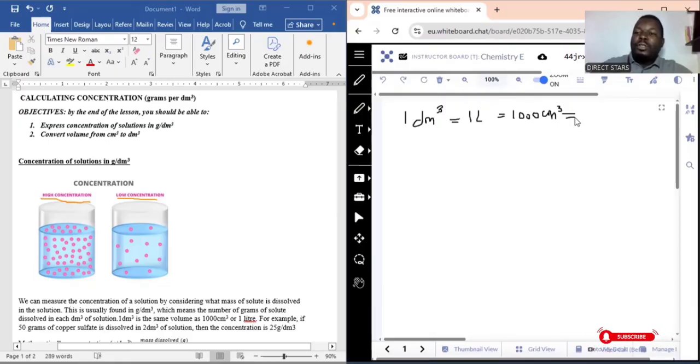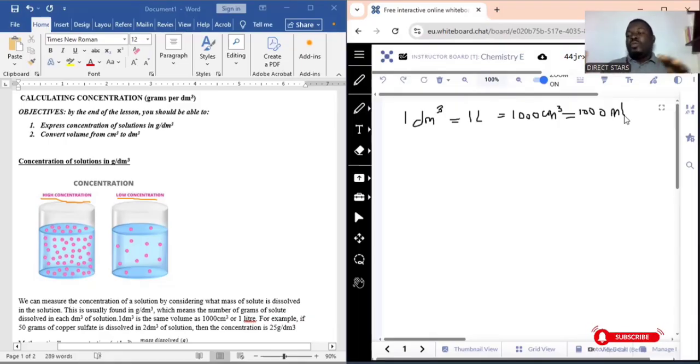In case you come across apparatus measured in mL, just know that centimeter cube still means milliliters. So 1,000 milliliters is equivalent to 1 liter, and 1,000 centimeter cube is also equivalent to 1 liter and also equivalent to 1 dm³.